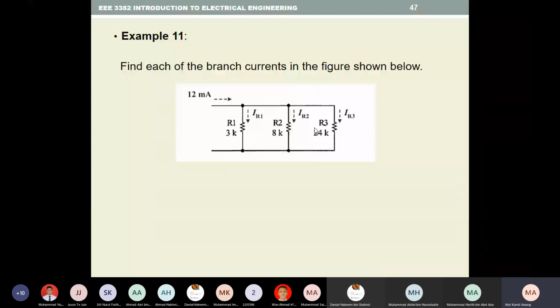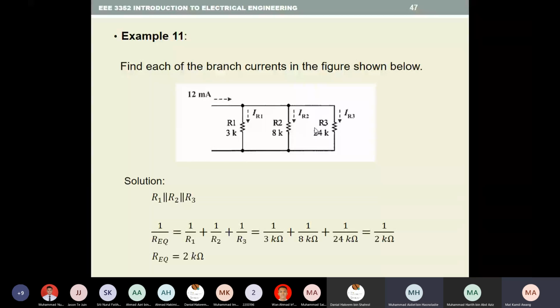So from that formula, you need to find the R equivalent, right? What is the R equivalent? Formula from yesterday: 1 over R equivalent equals 1 over R1 plus 1 over R2 plus 1 over R3.